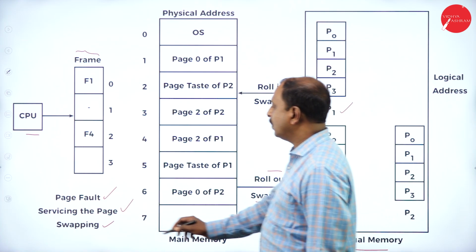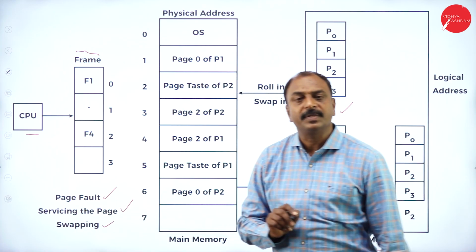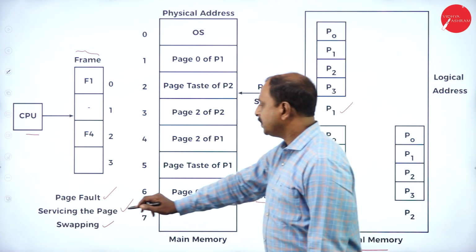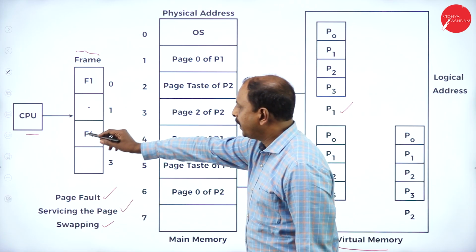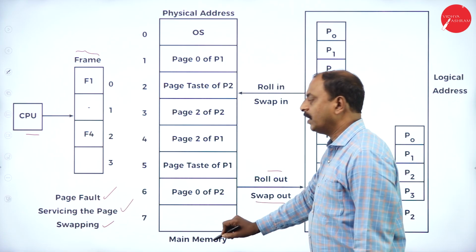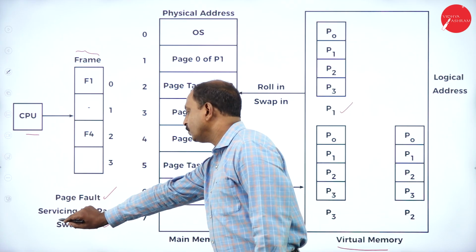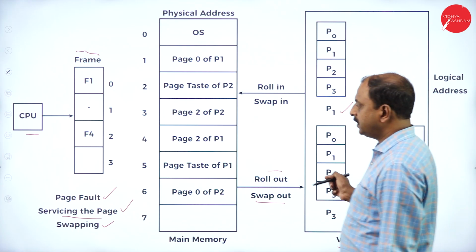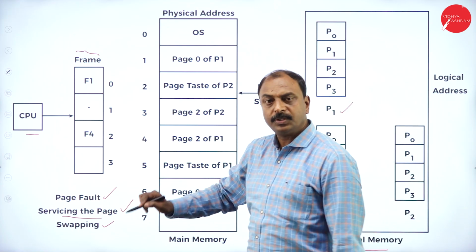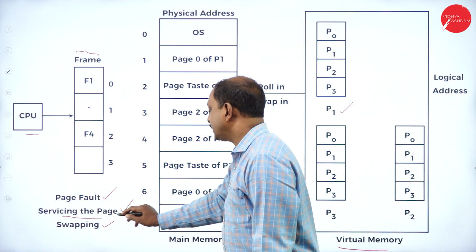The next one is servicing the page. What is servicing the page? If a page fault occurs, meaning the particular page is not available in the main memory, then we have to call that page from the secondary memory devices into the main memory for processing. That is called servicing the page.